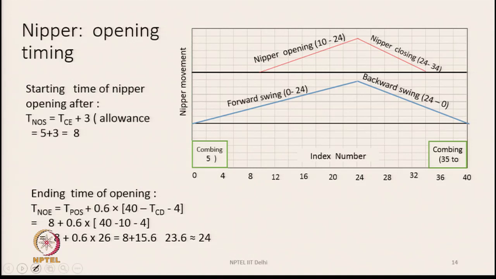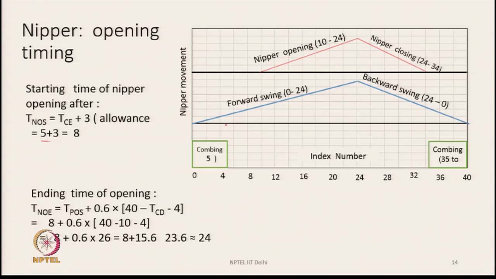If I now give the values, you see that the starting time of nipper opening will be any time after TNOS. Therefore, it is going to be TCE plus 3, that is 5 plus 3, which is 8. If you look at the diagram, it will be clear that the combing will be going on till index number 5.